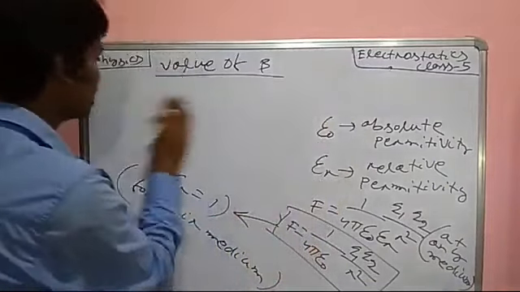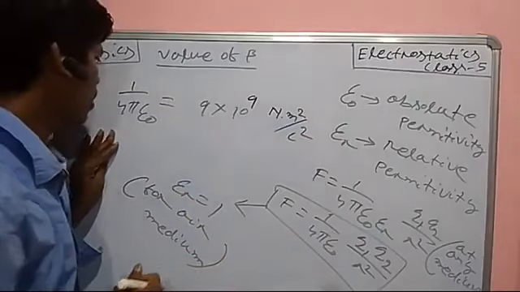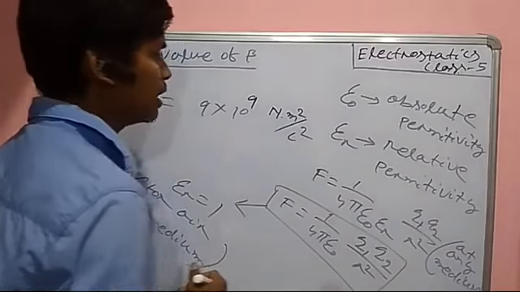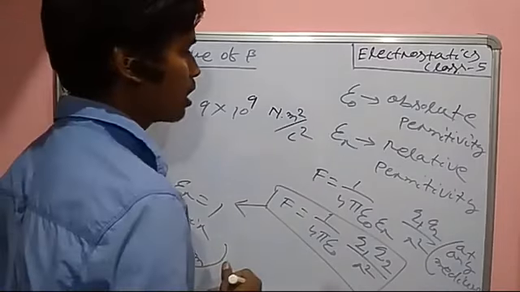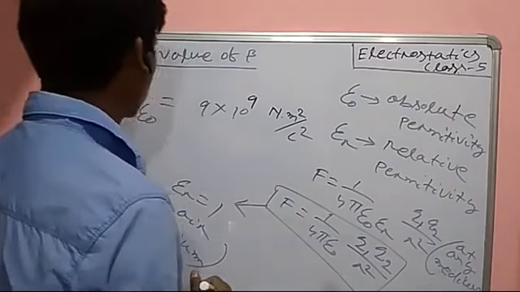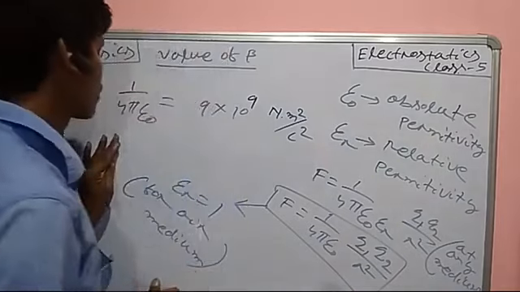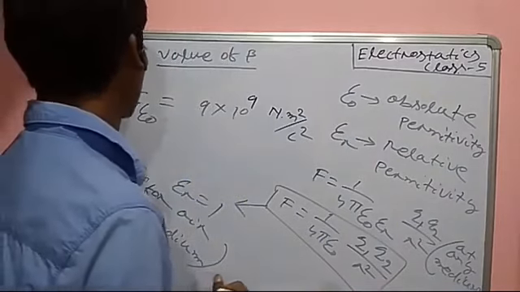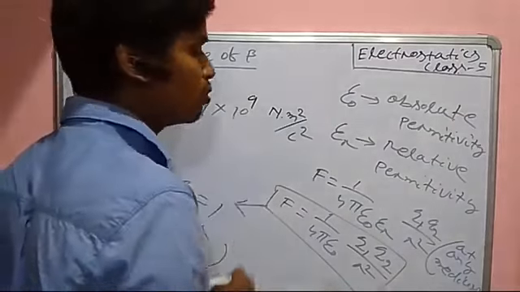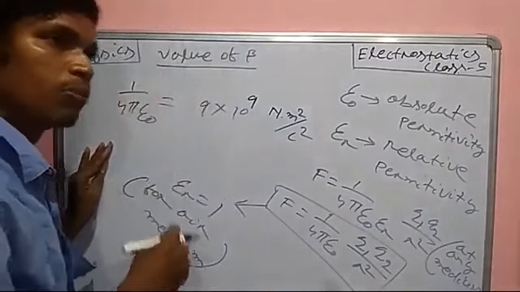In your experimental proof, the value of 1 by 4 pi epsilon 0 is equal to 9 into 10 to the 9 Newton meter square per Coulomb square. We have to remember this value.